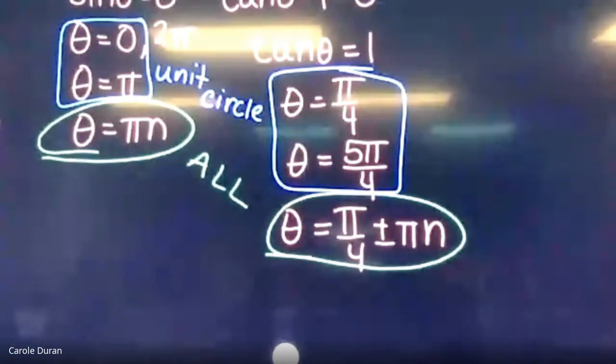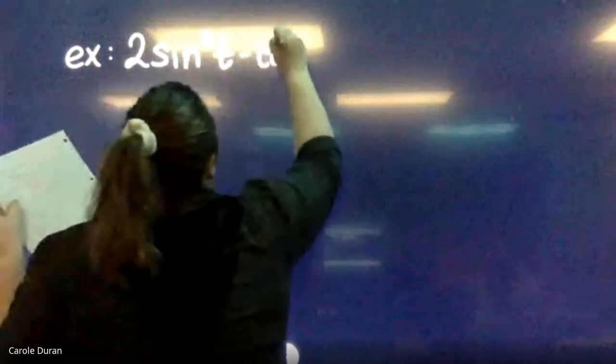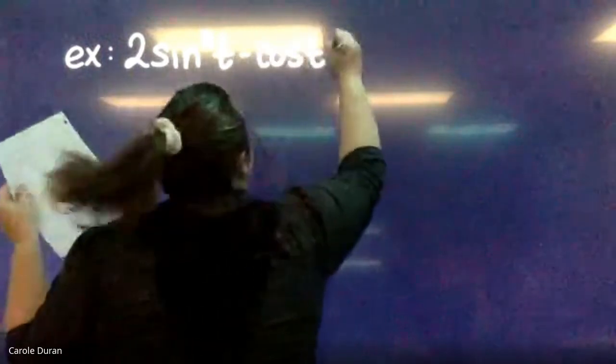Ready for the last one? This one's my favorite. Okay, well, I got like 5 lines back. It's gonna take more than 5 lines. Oh, come on. It's 2 sine squared t minus cosine t minus 1 equals 0.